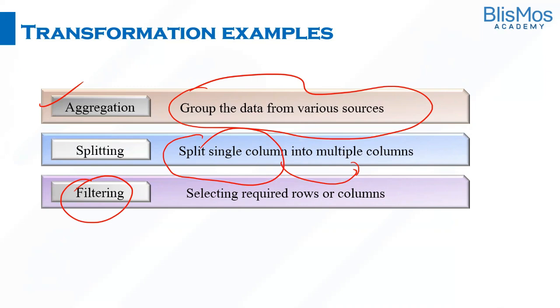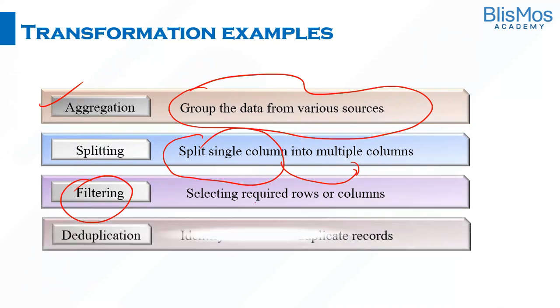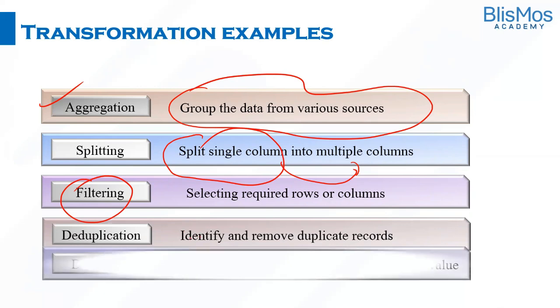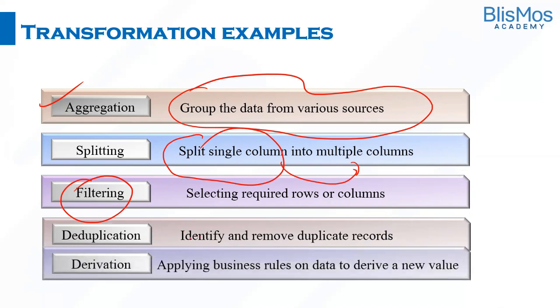Maybe let us say I want to choose only those employees who are having a salary greater than $5,000 per month. Then we do have deduplication. We don't want to retain the duplicate records. And then we have derivation, where we want to apply certain business rules on the data to derive a new value. So these are the different transformations.